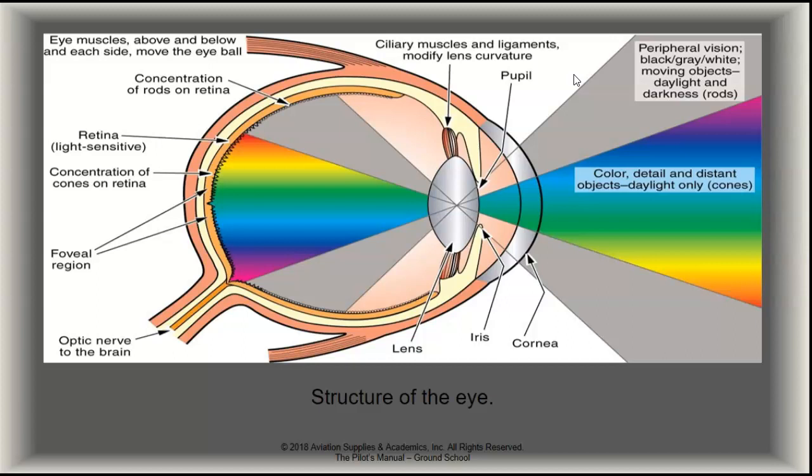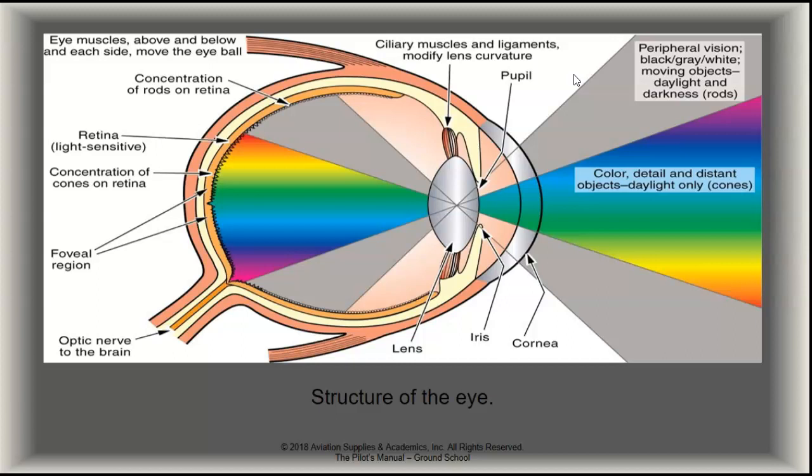The cones are concentrated in the foveal region directly in back of the lens. Cones sense color, detail, and distant objects, and we use cones mostly during the day. The rods are located on the peripheral regions of the retina, and rods are not sensitive to color.